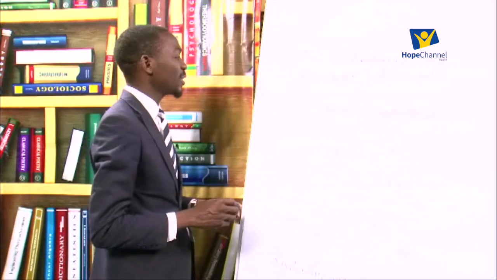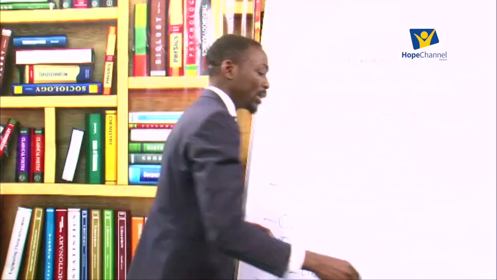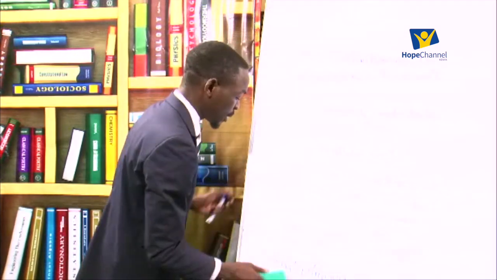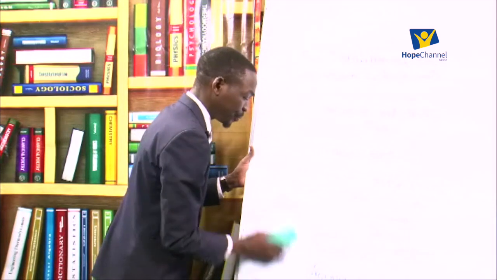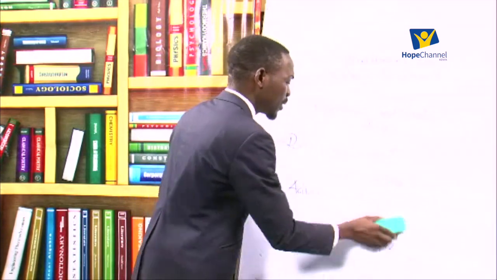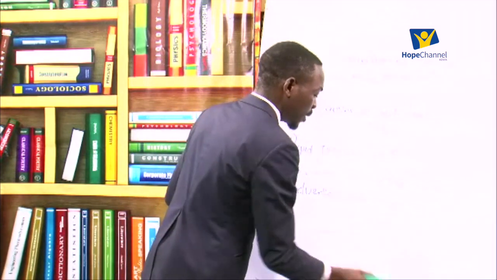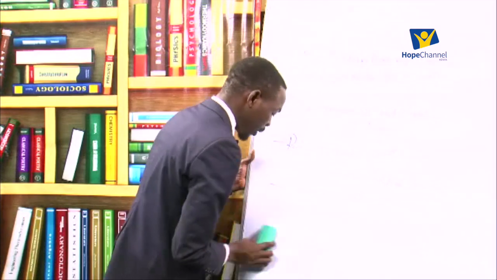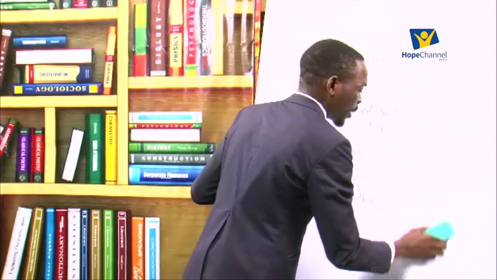Now, the next point, we talk about political instability. Most African countries are facing political upheavals. The temperatures in politics are high. And therefore, that means that we won't have a suitable environment to carry out agriculture.